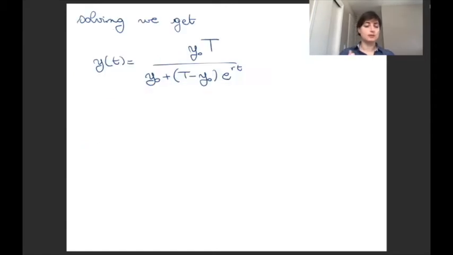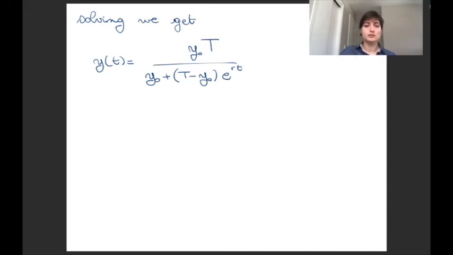If we solve the equation by hand, we find that the solution is y0 times capital T divided by y0 plus (T minus y0) times the exponential of r times t. And we have a problem, because depending on the time, we get to a moment in which things can cancel out.